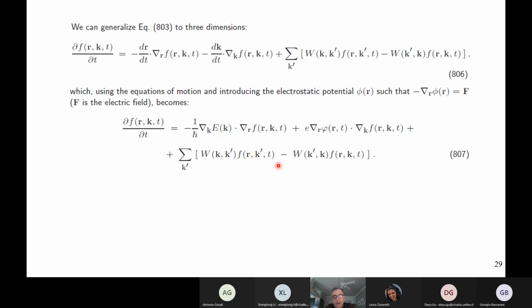So I will spare you the pain of going through the details, and the bottom line will be that as long as I'm dealing with a system with many electrons, so again the Van Hove argument, as long as I'm interacting with a large number of degrees of freedom and I can use a random phase approximation to get rid of the off-diagonal elements, then also the electron-electron interaction will be the Van Hove term, and I can write a collision integral of this form.